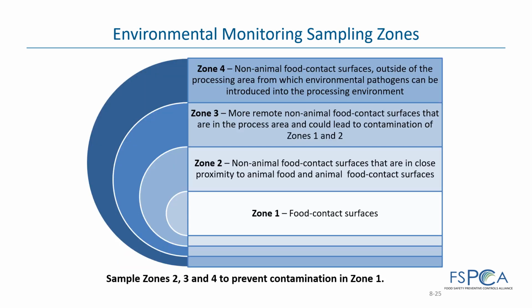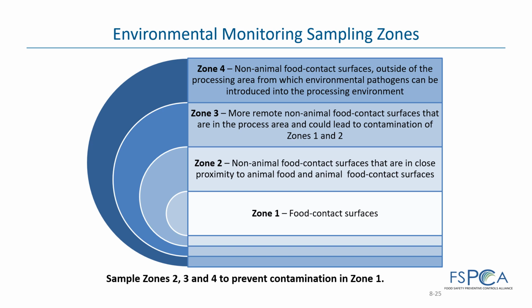Within each of those different areas, we can also tailor where we're sampling and what surfaces we're sampling. So for example, in our primary pathogen control area, we are now going to take each of those surfaces and put them in categories of zones 1 through 4.